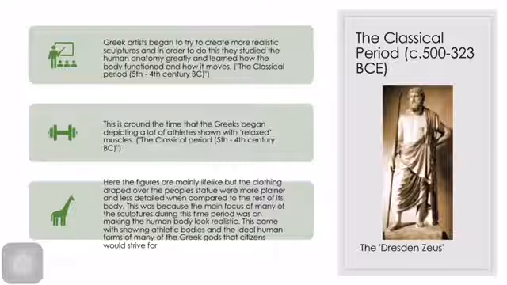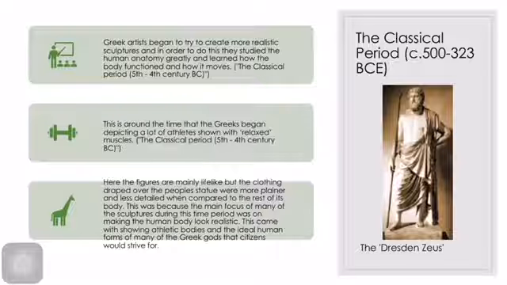This is around the time that the Greeks began depicting a lot of athletes with relaxed muscles, meaning it wasn't too prominent, but it was there to where you could see that they were relaxed. So they weren't necessarily protruding like when you're stretching, but you could see them. You could see the outline of them.